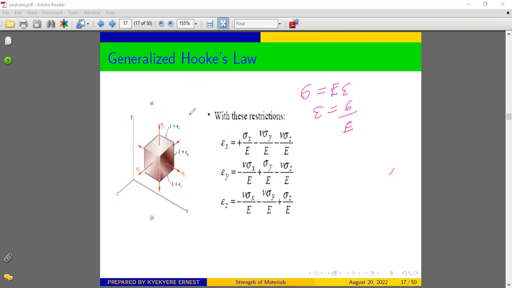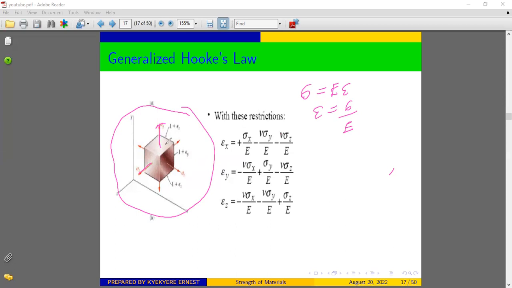Now, let's consider a body which is three-dimensional, which means that we have the x, the y, and the z axis. And this body is loaded in all directions. So it means that a force has been applied on the x-axis, the y-axis, and the z-axis.